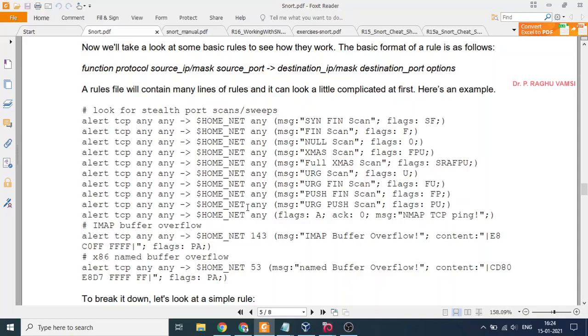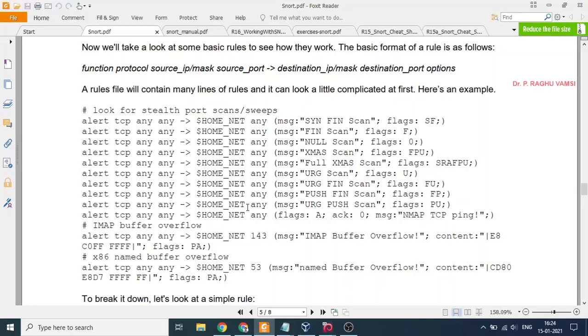Now, here is a simple example that was given. Look for stealth port scans or sweeps. Alert TCP. That means you are going to alert the user or the system administrator whenever the packet is of type TCP coming from any network, from any port, to the home network on any port.